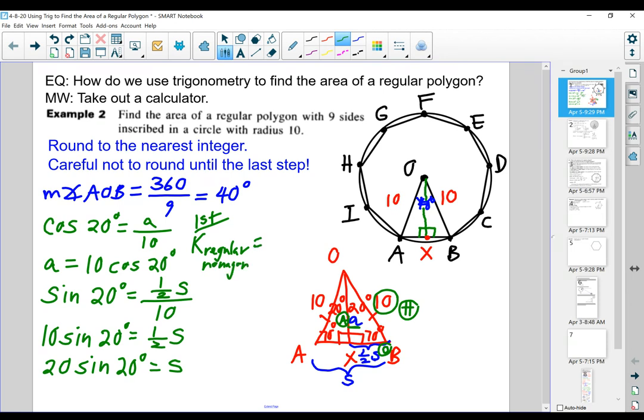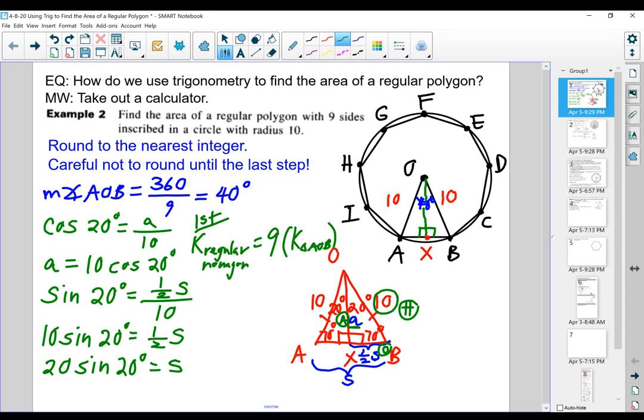We can find the area of this triangle AOB, and like we saw in the previous case, depending on the number of sides we have for a regular polygon, it's going to be n congruent triangles of this type. So since n is 9, we want 9 times the area of triangle AOB.